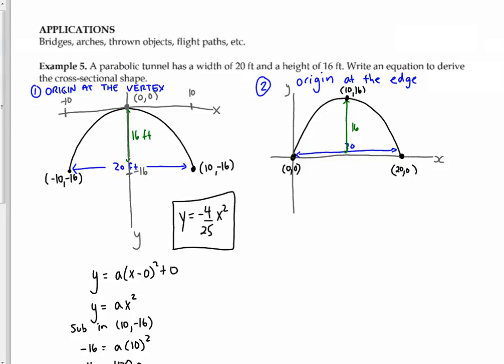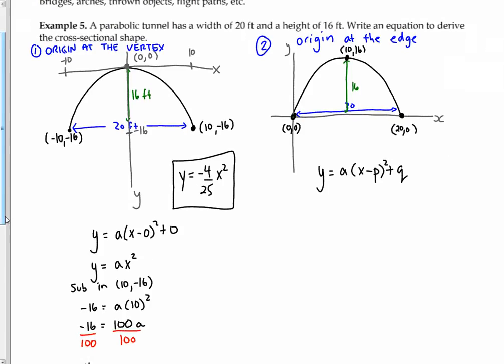Okay. So we start by putting it into vertex form. And this is the great thing: do we know what our a value is? We don't have to sub in a point and solve for it anymore because we know it's negative 4 over 25.